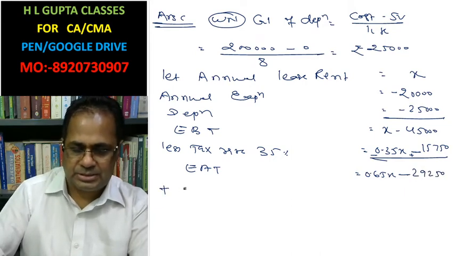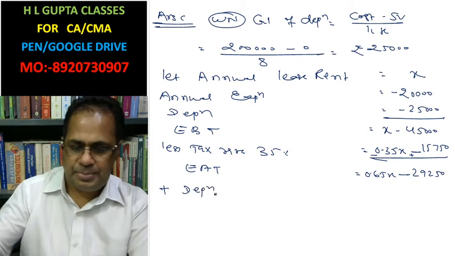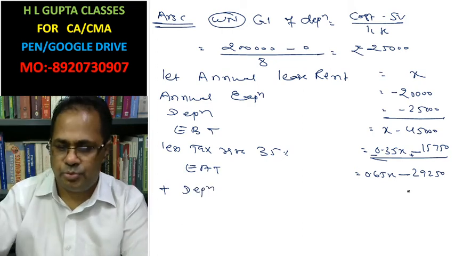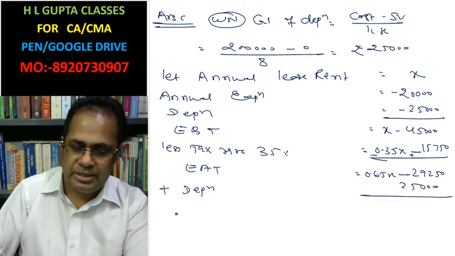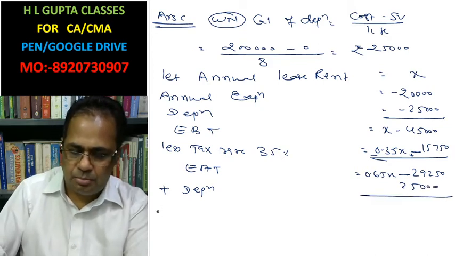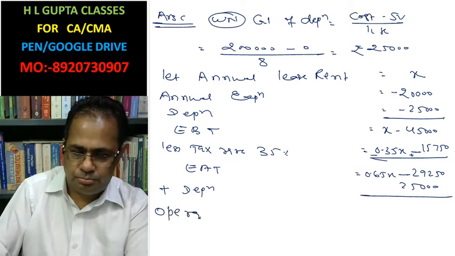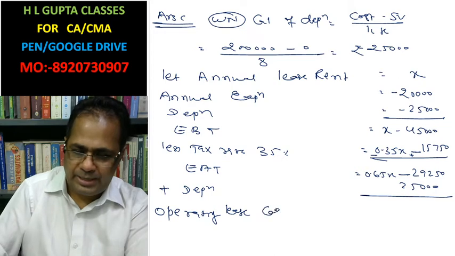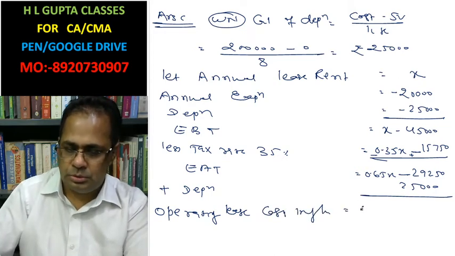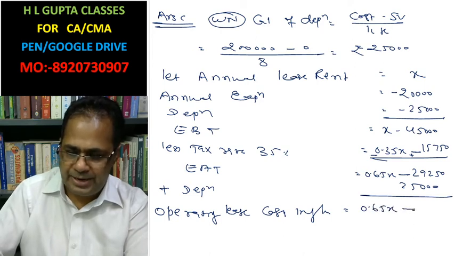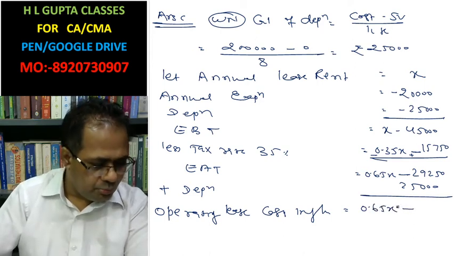Add depreciation 25,000. The operating lease cash inflow is 0.65x minus 4250.